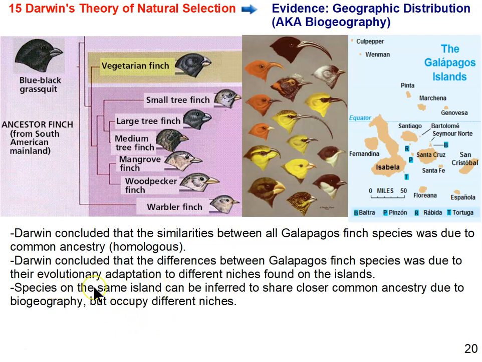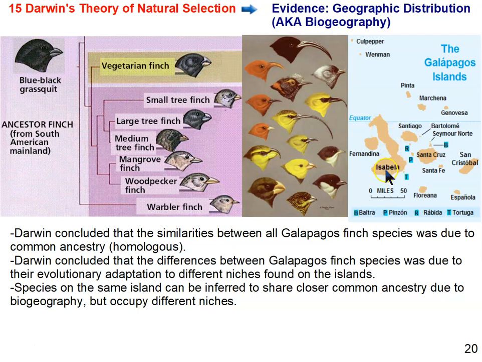He also concluded, though, that species on the same island can be inferred to share closer common ancestry due to biogeography. In other words, a finch may find its way to an island. So let's say that one finch species finds its way to Isabella, and there are many different niches to fill on Isabella, and that finch species is the common ancestor of all the different finch species that eventually are living on Isabella.